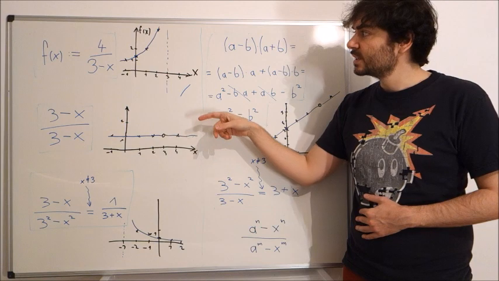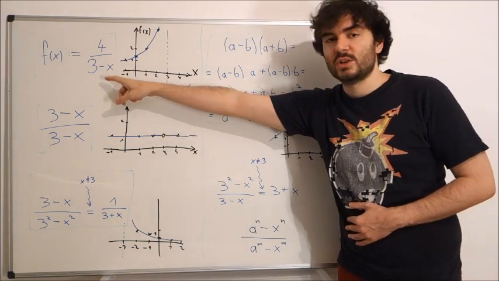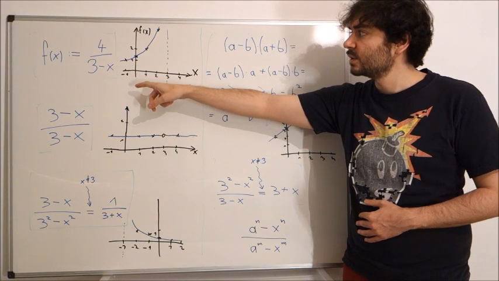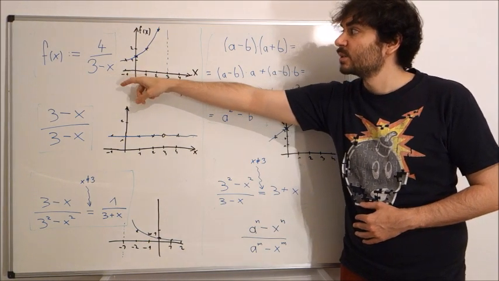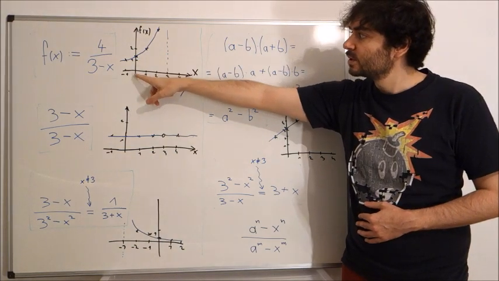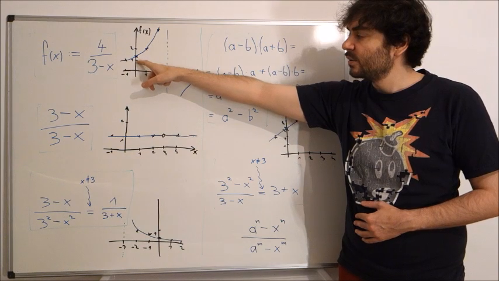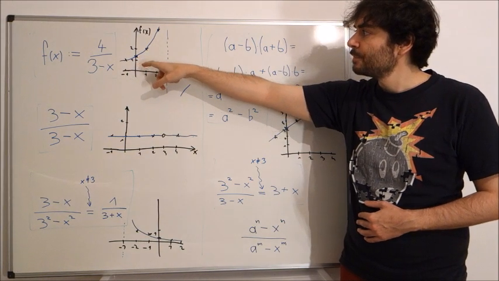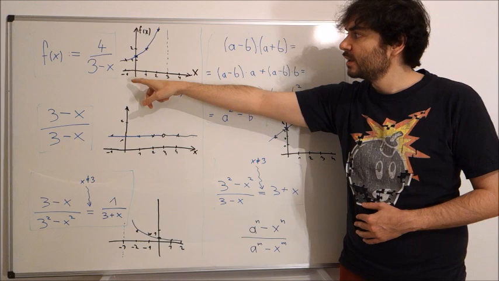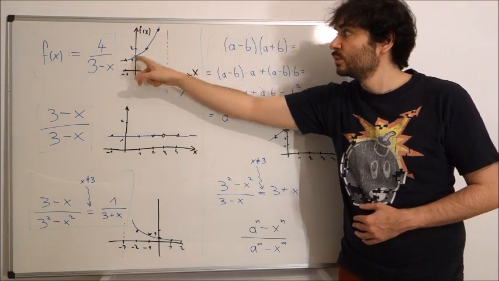What you have is that you can evaluate this function f for some numbers. For example, if you plug in x equals 0, then you get 4 over 3, which is a little bit over 1. So on the x-axis, x equals 0, the value is 1 point something. If you plug in 1, then you get 4 over 3 minus 1, so 4 over 2, so that's 2.